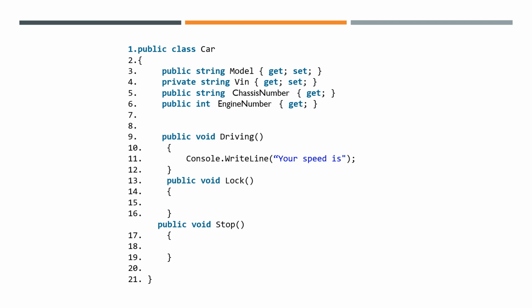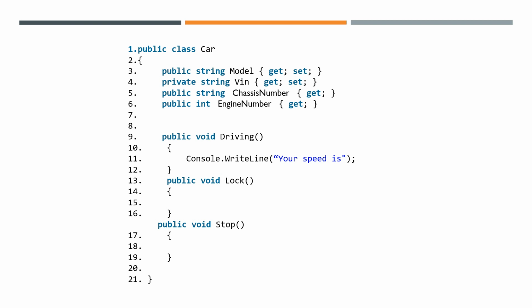Whenever you click on a button, the car gets locked. Whenever you apply the brake, it gets stopped. So these are called operations. We don't know how it got implemented, how it's functioning, and we don't care about this functionality. I'll tell you why we do not care and what exactly it's called.